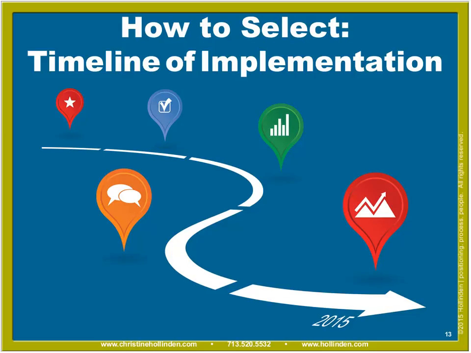Once you've reviewed the objectives, resources, integration ability, ease of use, and level of sophistication, think about the timeline of implementation. All the steps mentioned above will help give you an idea of what you need, the time commitment of those internal resources, and the steps needed to implement the automation software.